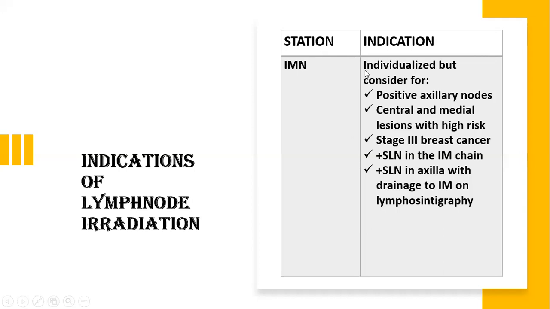So here the IMN irradiation is individualized, and we should only consider it when the patient has positive axillary lymph nodes, and whether it's a central or medial lesion with very high risk features, or in stage 3 breast cancer, or when there is a sentinel lymph node in the internal mammary chain, or even when the sentinel lymph node is positive on sentinel mapping in the axilla with drainage to the internal mammary node.